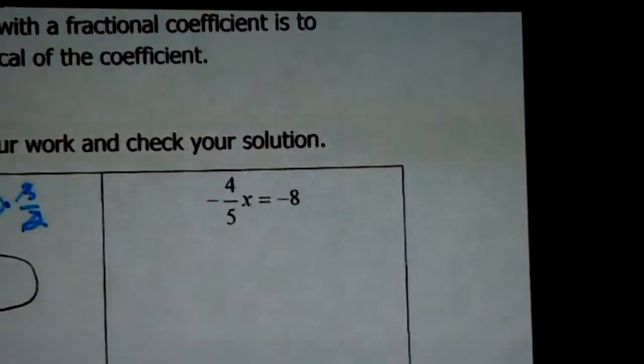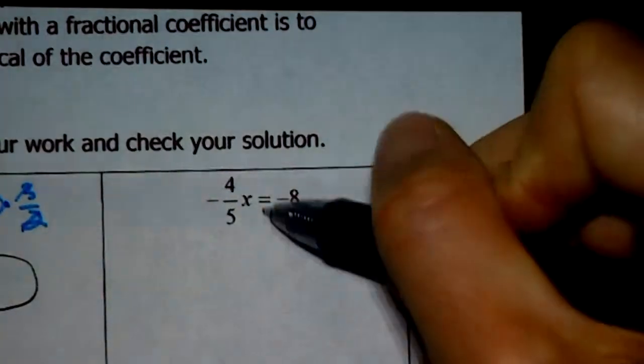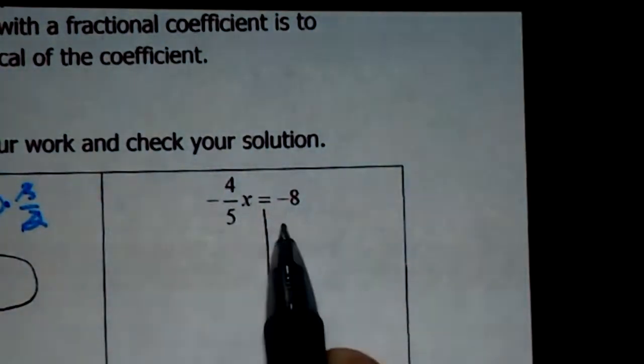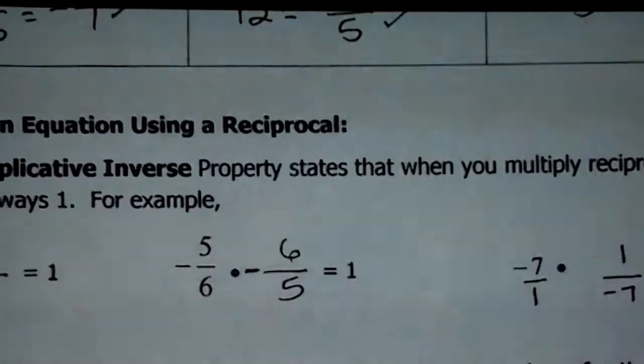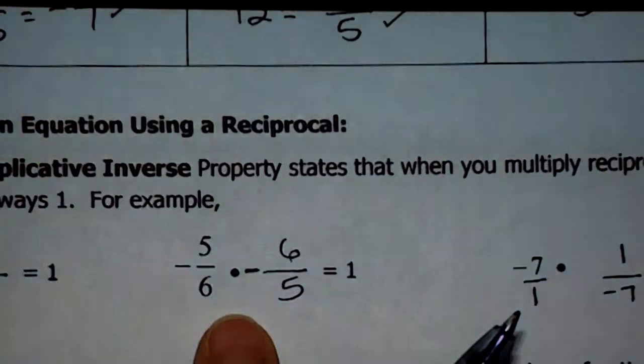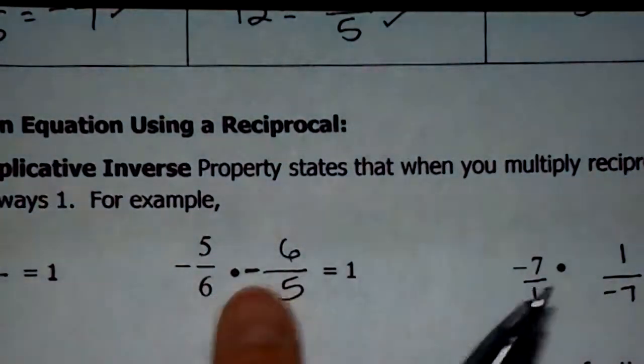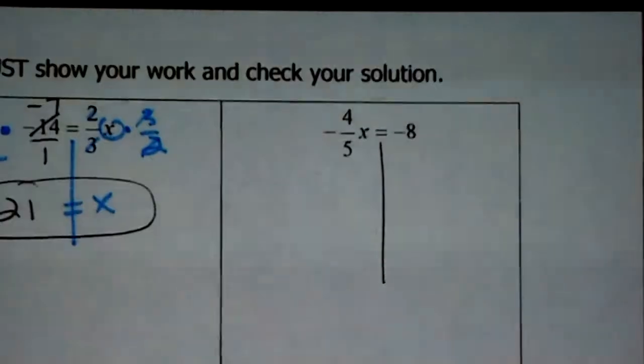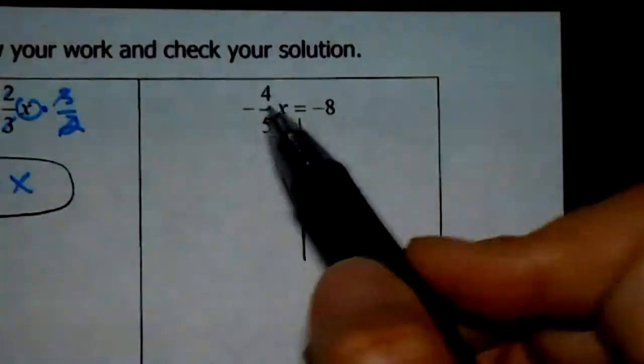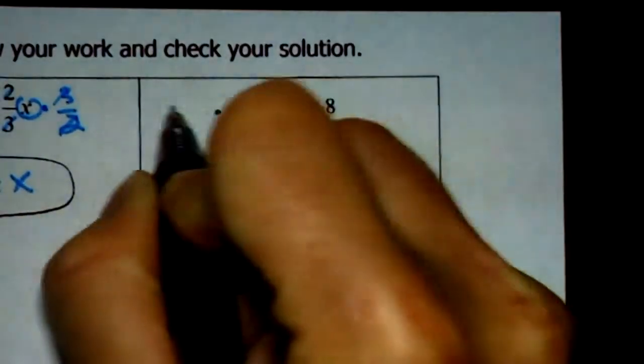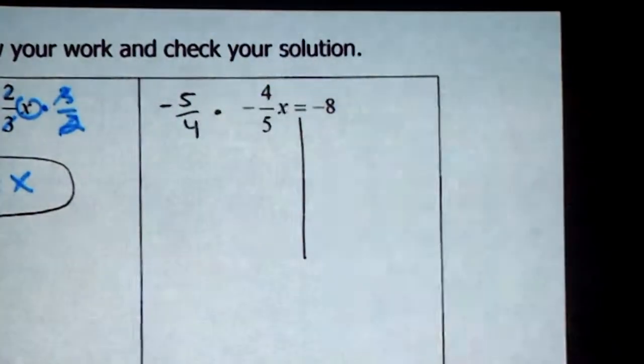All right, the last one of this type, I'm going to draw my line. I have -4/5 x times -8. Now remember here when we had -5/6, we didn't change the sign, right? We kept that sign and flipped the digits. So same thing here. In order to get x by itself, I need to multiply by -5/4.